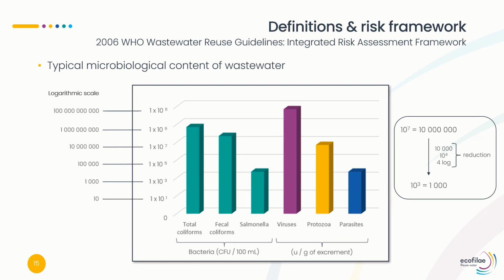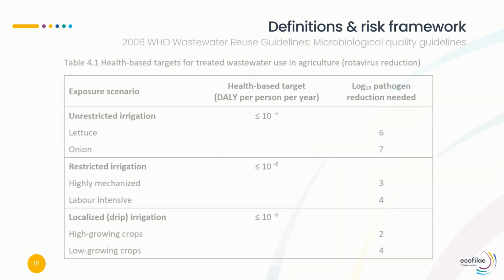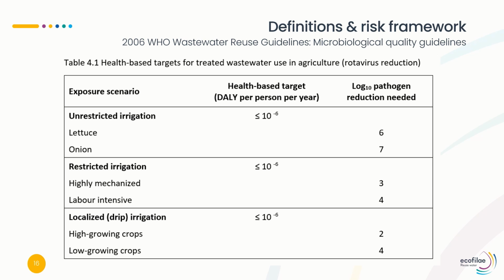And this brings us to the second type of pathogen target or health limit that is commonly imposed. It is a reduction in pathogen load, sometimes regardless of the initial or final pathogen load. These two types of limits are often used in combination.